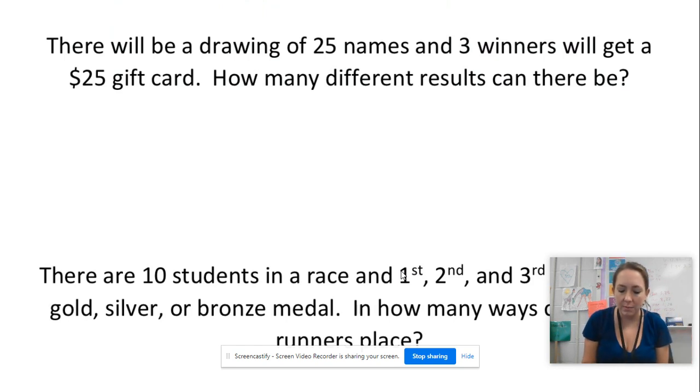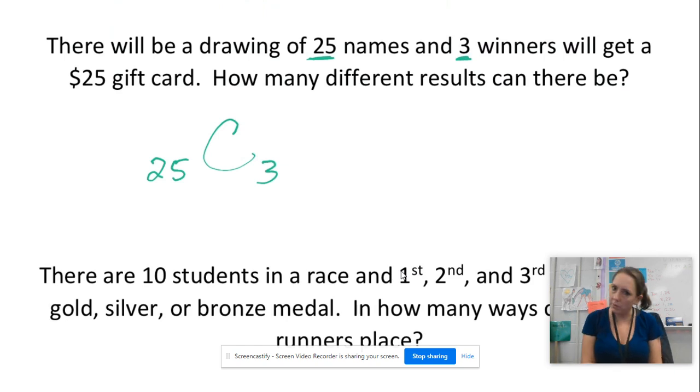So this is a combination. And then you would just put 25 for how many you're choosing out of and 3 for how many you're actually choosing. And then you would just type it in your handy dandy little calculator. And there you go. 2,300.